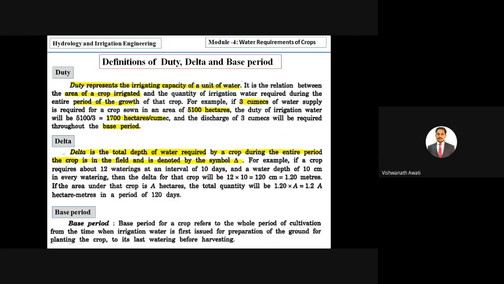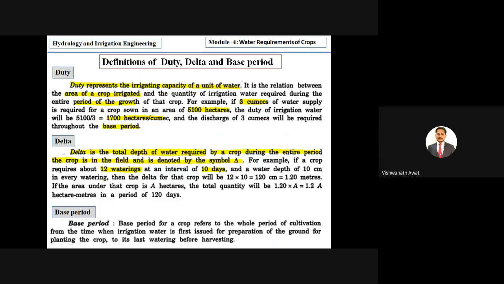So duty is the capacity of a unit of water, while delta is the total depth of water required for the complete growth of the crop. For example, if a crop requires about 12 waterings, that means 12 times watering is required for the complete growth, at an interval of 10 days. For example, if it is a crop of more than 100 days, every 10 days we have to give water to the land. A water depth of 10 centimeters is required in every watering.